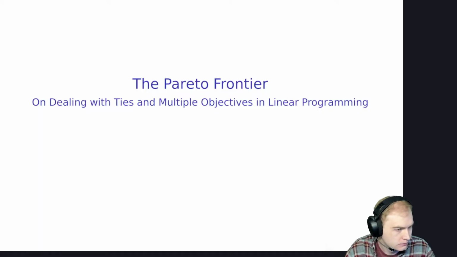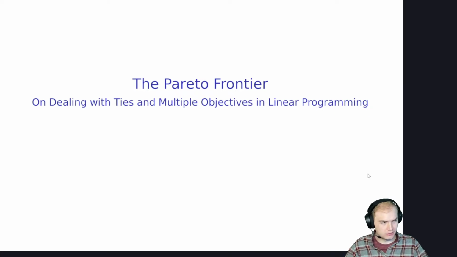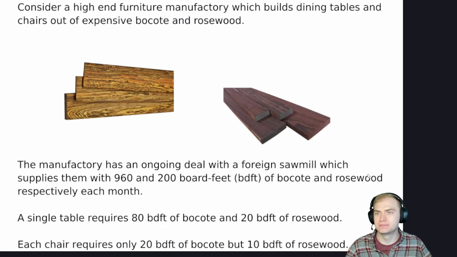This lecture is called "Let's Start the Pareto Frontier," and we'll talk about what that is. But first, an example. A little backstory: in my free time, I like to do woodworking. I've built a few tables, a few coffee tables, boxes, and decorative stuff. It's a good time.